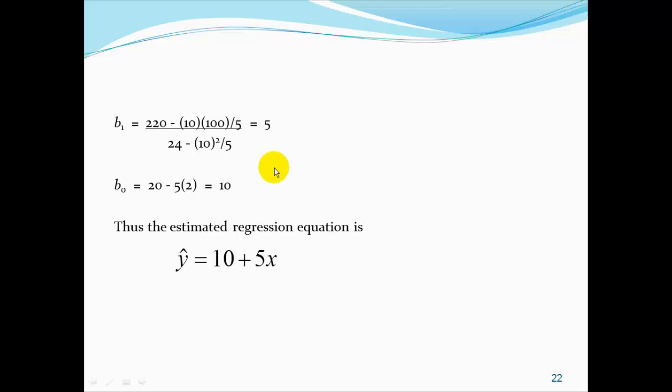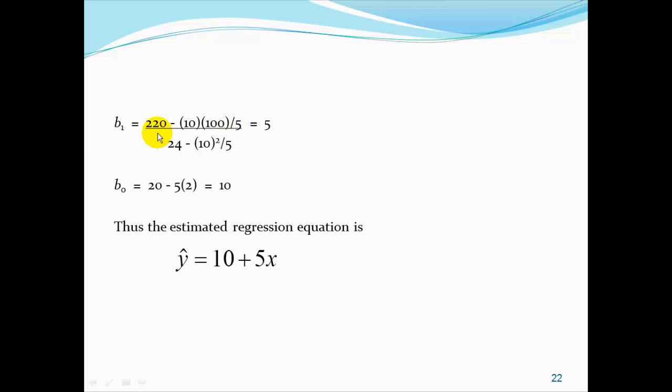Next, you should have used our equations for computing B1 and B0. B1 is equal to the sum of xy, which is 220 for this problem, minus the sum of x, which is 10, times the sum of y, which is 100, divided by 5.